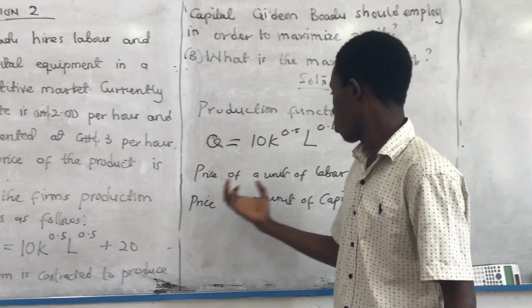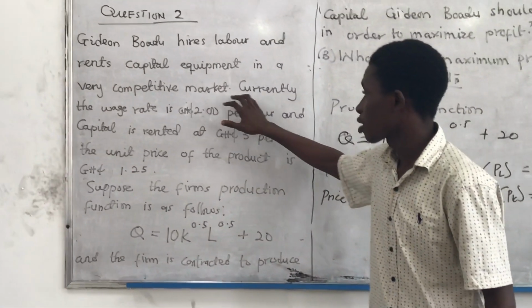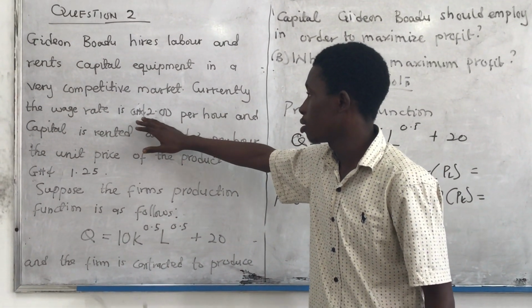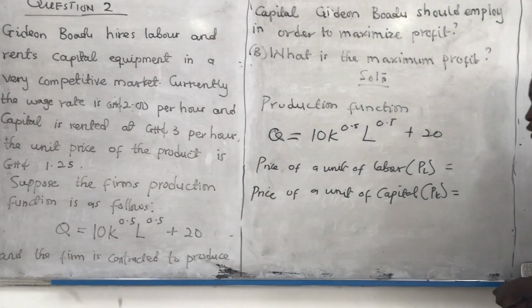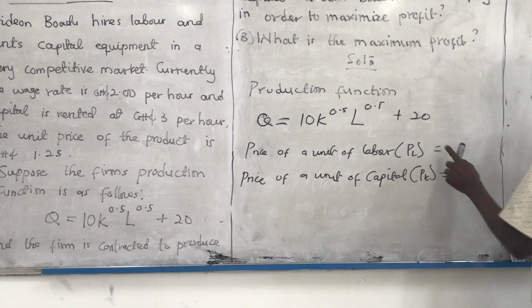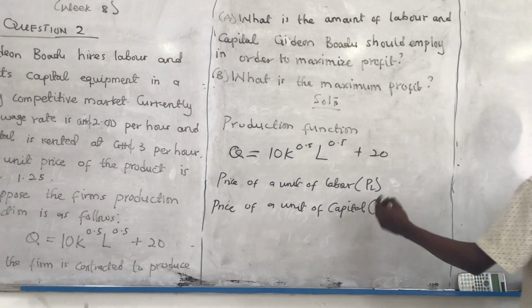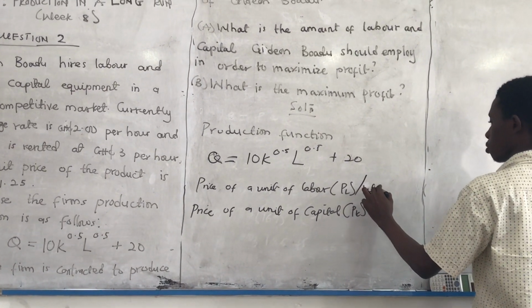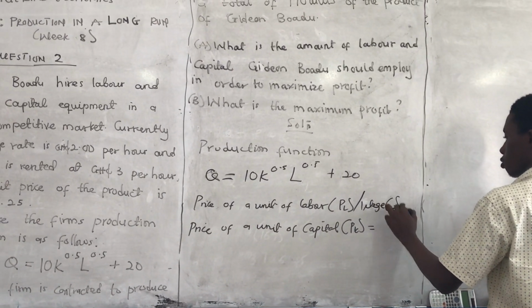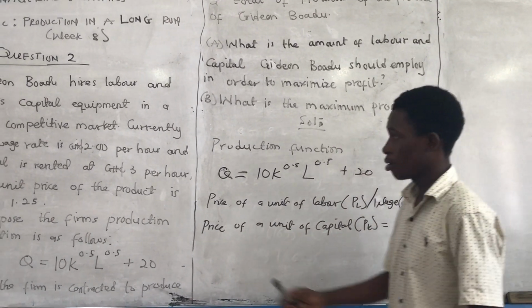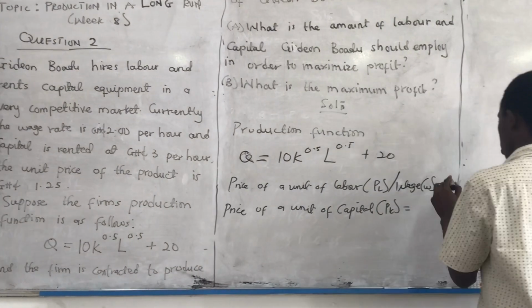Currently, the wage rate is 2 cedis. The wage rate can be used in place of the price of labor. So that is 2 cedis.